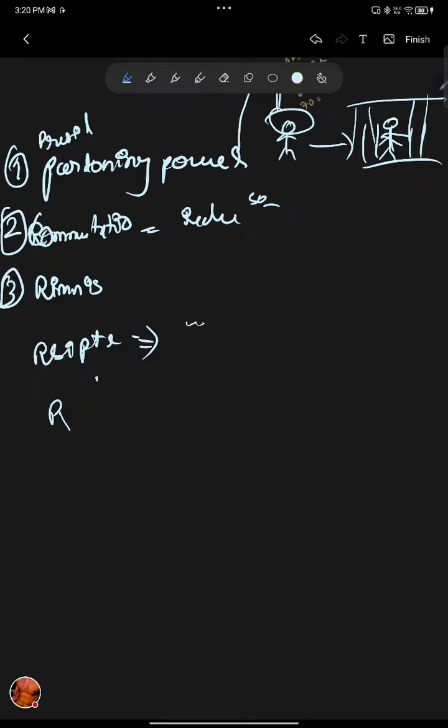So first is pardoning power, second is commutation, third is remission, which is reducing the gravity of the punishment. Then commutation is reduction of the punishment. Then respite is health related. Then reprieve is to hold.